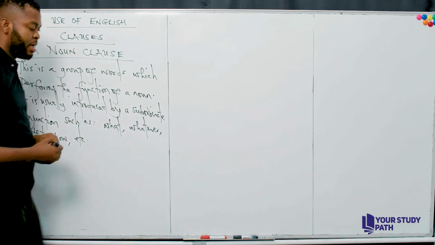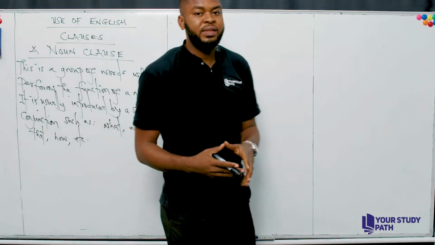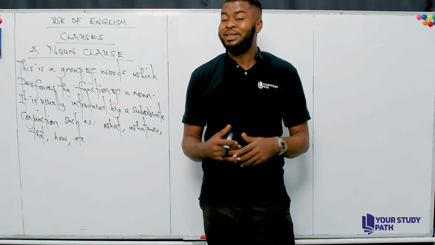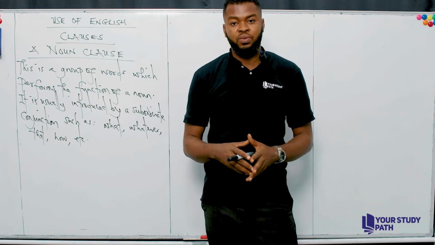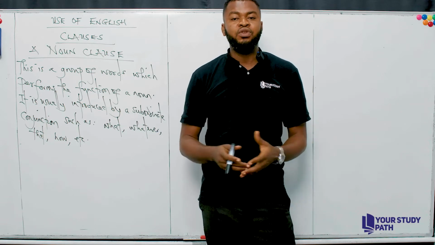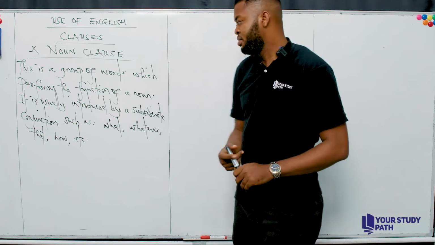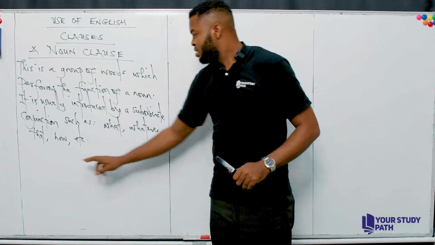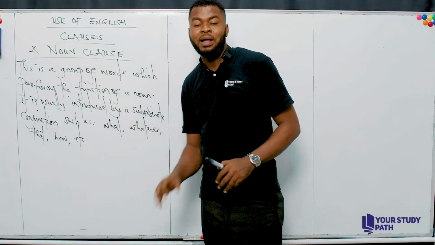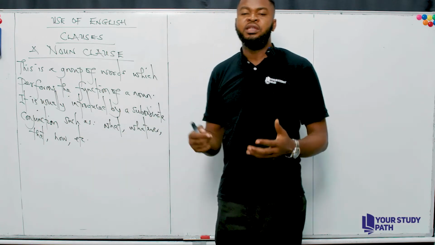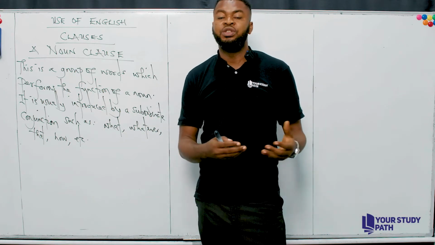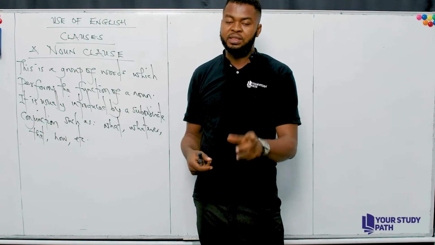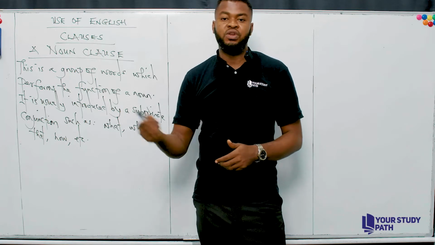So now, for you to recognize a noun clause, there are specific subordinate conjunctions that a noun clause will be introduced with. And examples of those subordinate conjunctions are what, whatever, that, how, and so on. So it is very important for you to pay attention to this subordinate conjunction so that when you see a construction, you can easily tell that, oh, this is actually a noun clause or this is not.